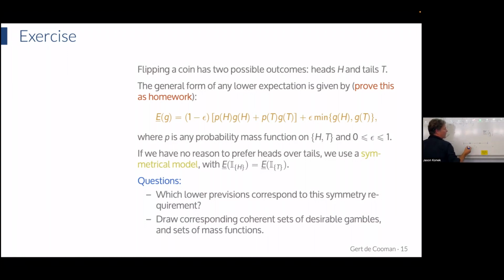So if epsilon is equal to 0, I have a precise model equal to 1/2. If epsilon is equal to 1, I get the entire interval. And for epsilon in between, I get a symmetrical interval around 1/2, given by this bound here. So this is 1 minus epsilon divided by 2, and this is also 1 minus epsilon divided by 2.